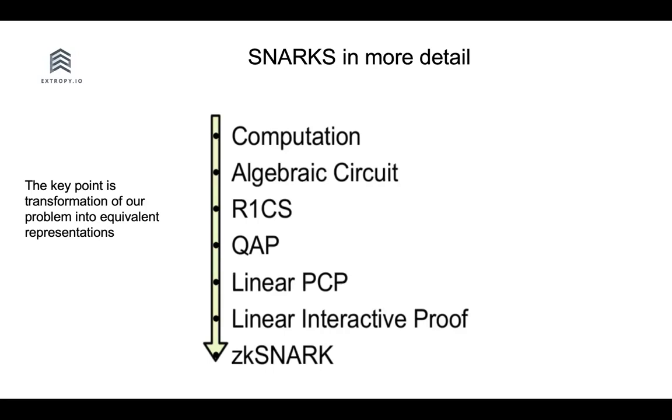What happens when you create a ZK-SNARK is that you take that and transform it mathematically through a number of steps into this final result, which is a ZK-SNARK. It just looks like a piece of data, a large number, but that is an encapsulation of the original program that you created. And just to give you a flavor of what it is that you may be using for your proof.